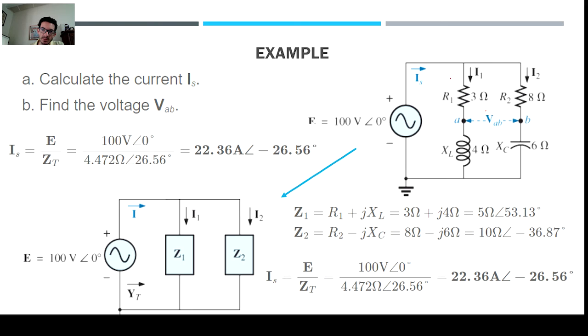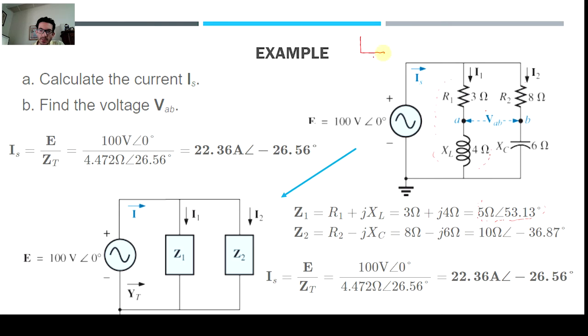We know that this part right here is in series, R1 with the inductor and R2 with the capacitor, so it's simply 3 ohms plus 4 ohms. This is going to be 5 ohms at a 53.33 degree phase shift. And how do you know this?